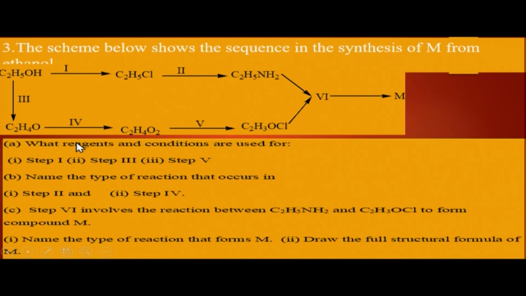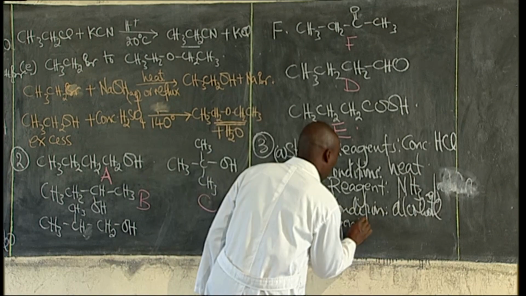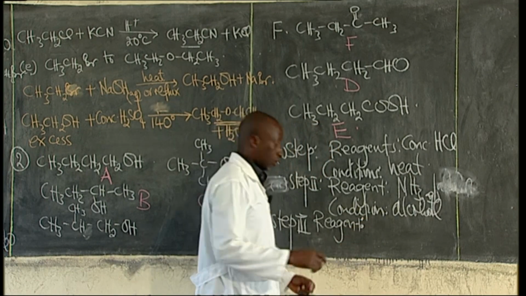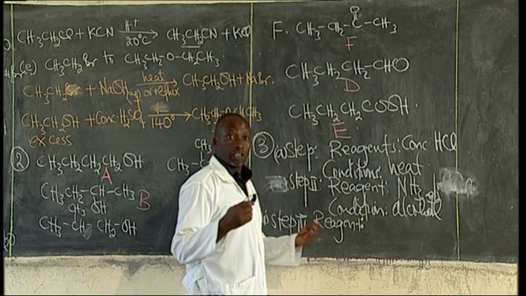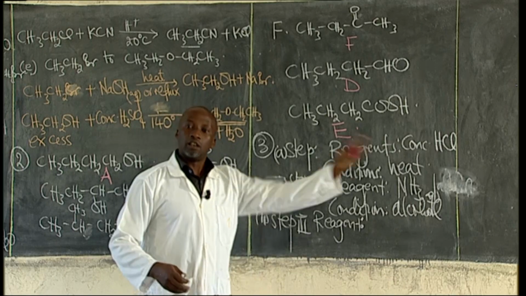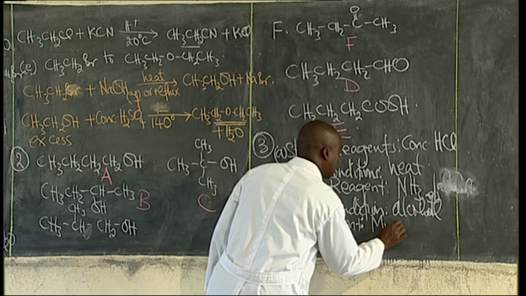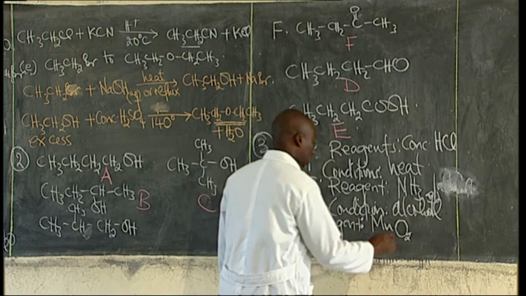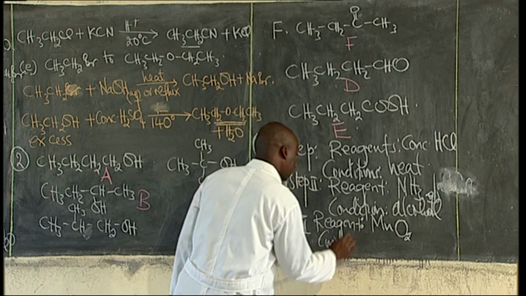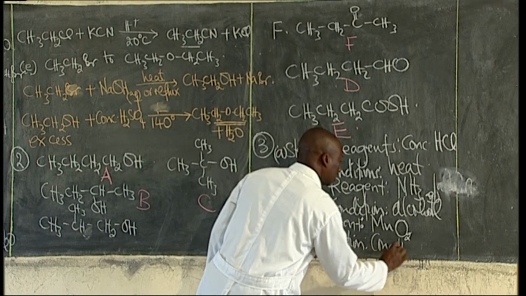So what is the reagent? The reagent there will be oxidizing agents. They don't need to be strong, because if you use a strong oxidizing agent, you will go to the carboxylic acid. So here you'll need manganese(IV) oxide, and the condition here, still you need the concentrated sulfuric acid.